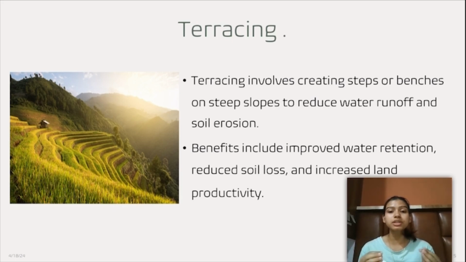In hilly areas, planting is difficult without making steps, so on the slopes we make steps or benches to reduce runoff and soil erosion and plant a crop. Benefits include improved water retention, reduced soil loss, and increased land productivity.